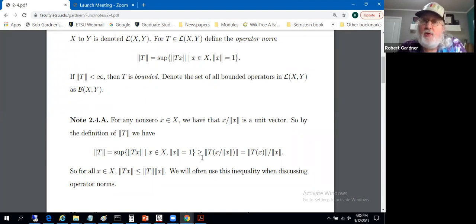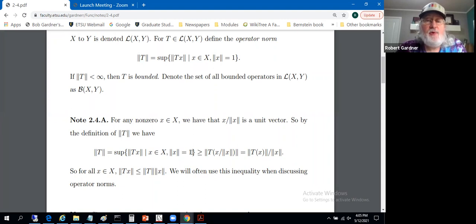Technically, that was a scalar property of norms. So we ultimately end up with the norm of T of x divided by the norm of x. No apologies here for using division symbols. That's just a quotient of two real numbers. Norms are real numbers, and the denominator is not 0 because x is a non-zero vector.